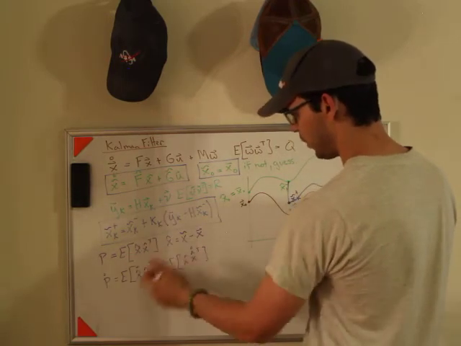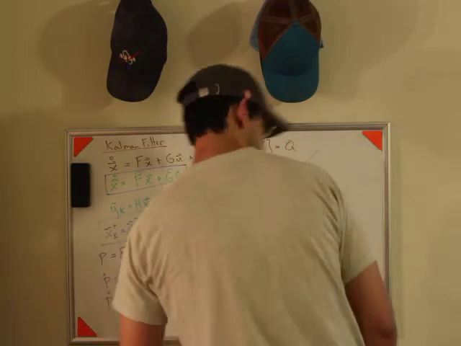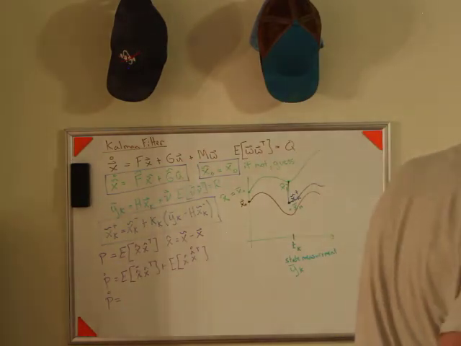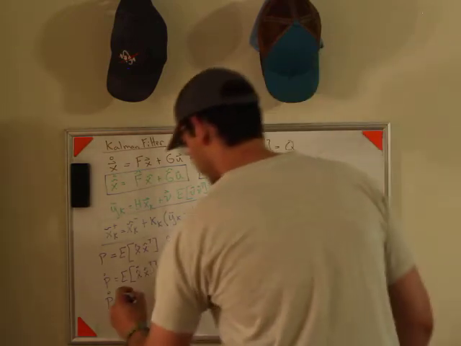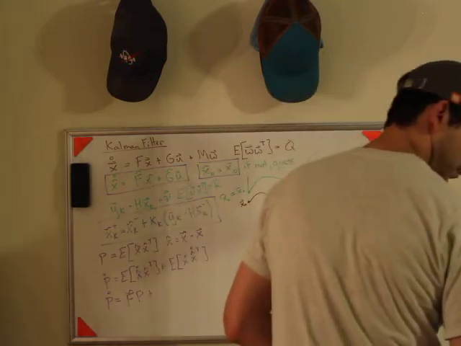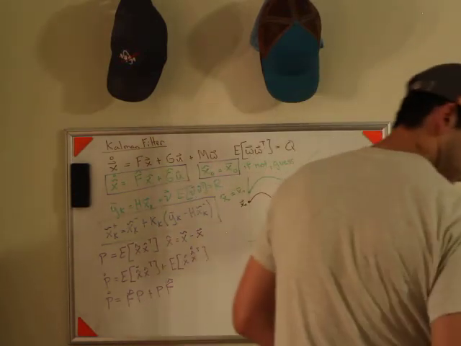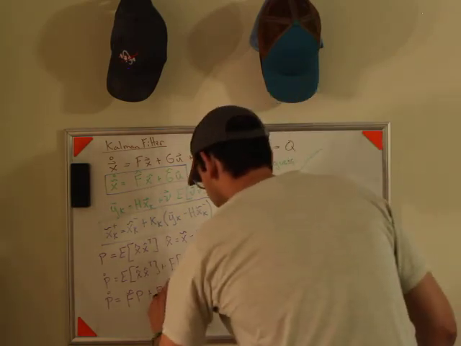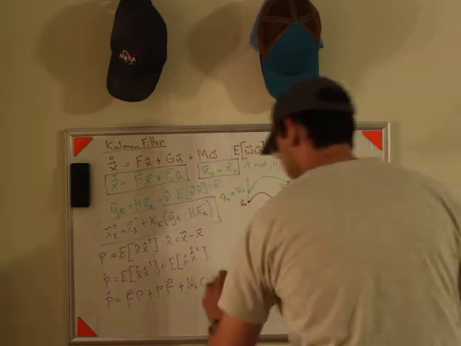And if you do all the math and shake everything out, what you actually end up getting is P dot is f tilde P plus P f tilde transpose plus M Q M, and I think there's a transpose.